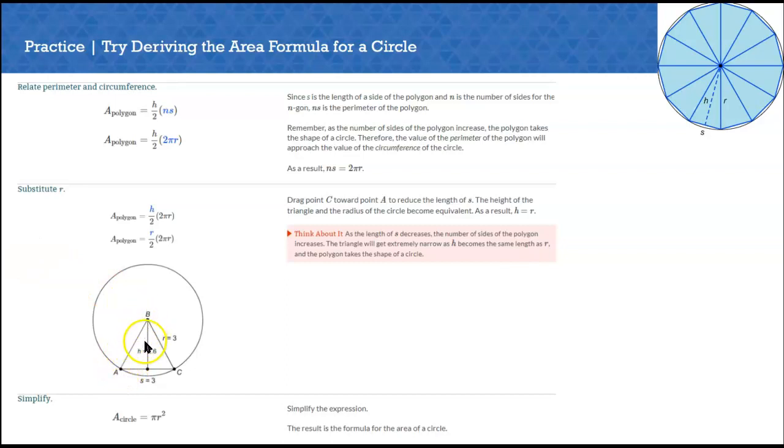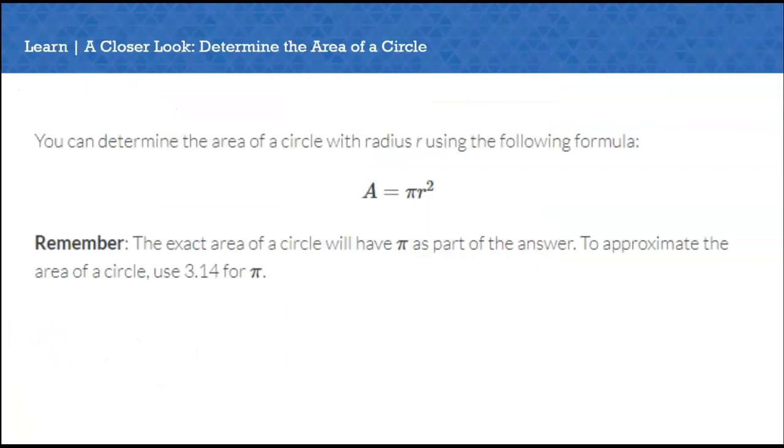So notice that this side and this height right here, if I drag this along the edge, it has now become long enough to become the radius. Therefore, the area of a circle is pi r squared. You can determine the area of a circle with the radius using that formula. Area is equal to pi r squared.